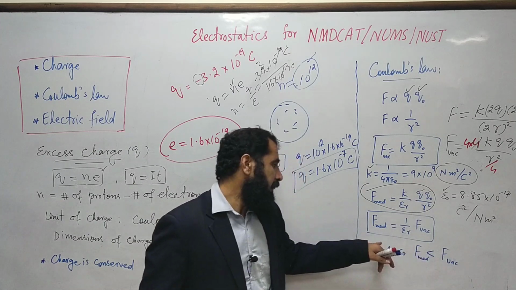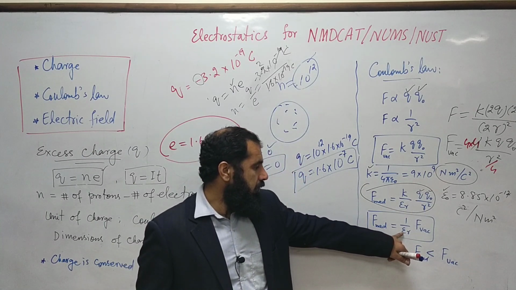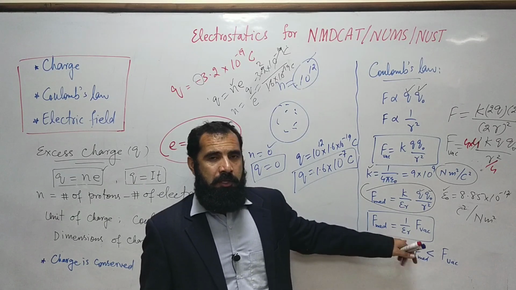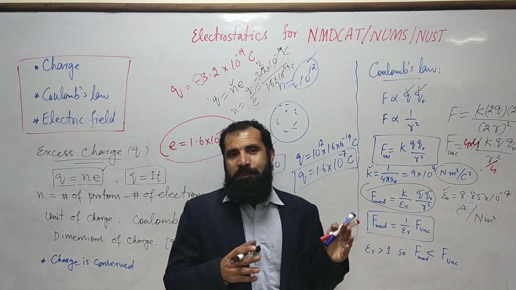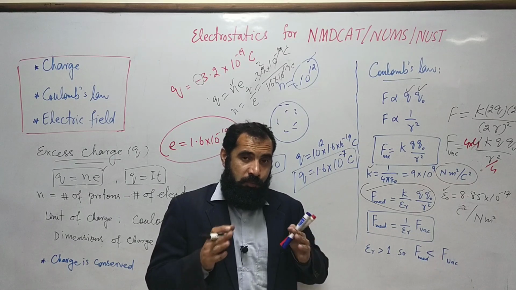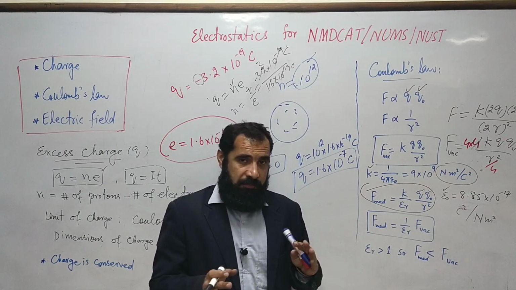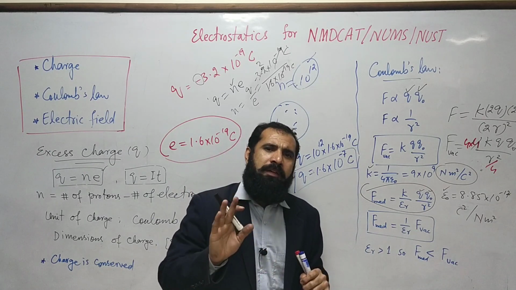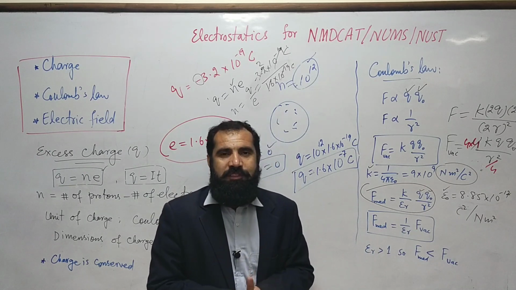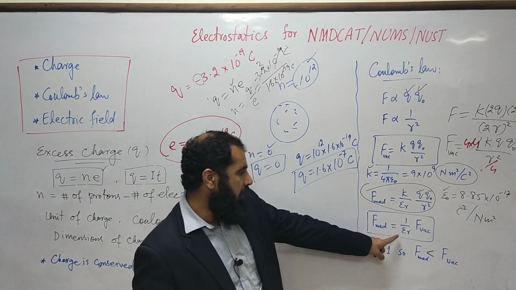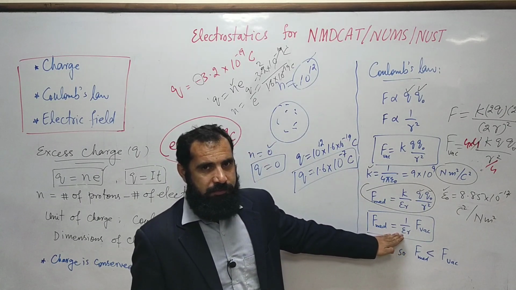Why? That is because it is in inverse relation to that relative permittivity. A field is developed in the opposite direction between two charges when the dielectric gets polarized. But you need to remember that when a medium is inserted between two charges, the force decreases, because this simple expression tells us.